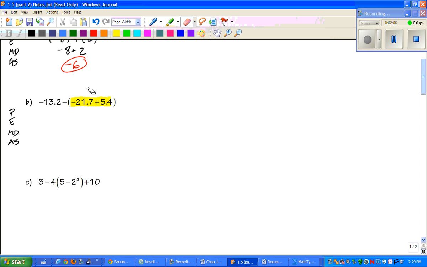Well, we could, but we only distribute with variables. So let's write that down real quick as a little reminder. We only distribute when we have variables. So we are going to just do the inside right now, and we're going to do just a little work on the side because I don't know about you, but I cannot do that in my head.